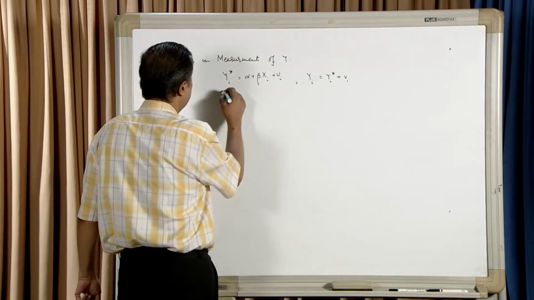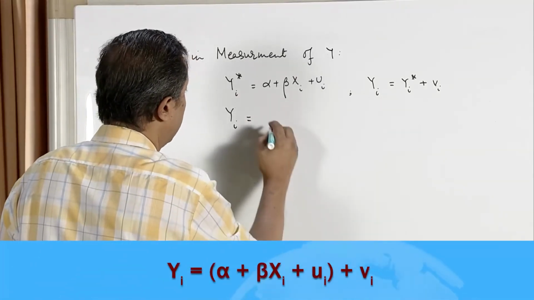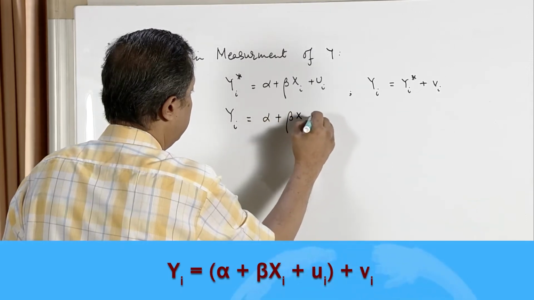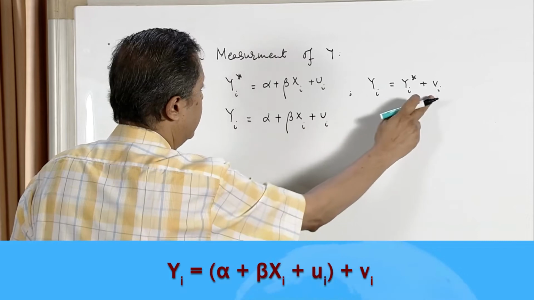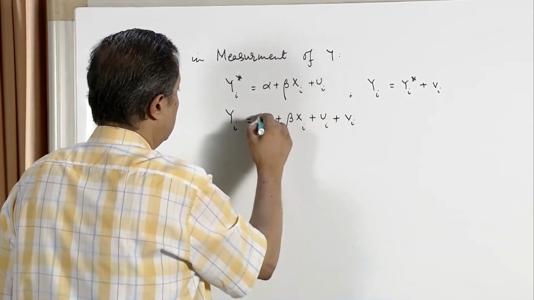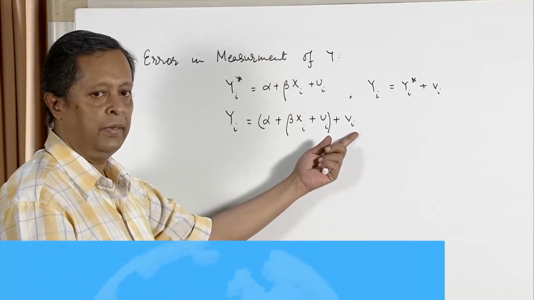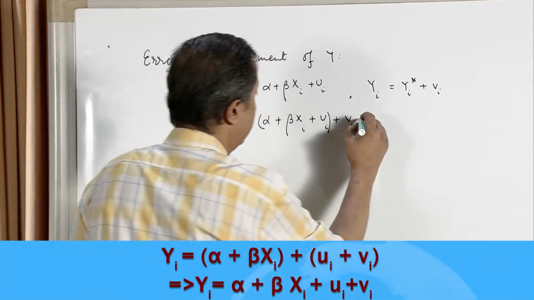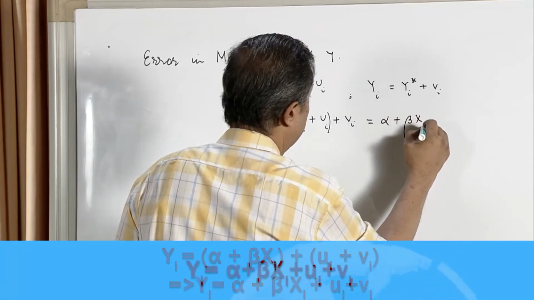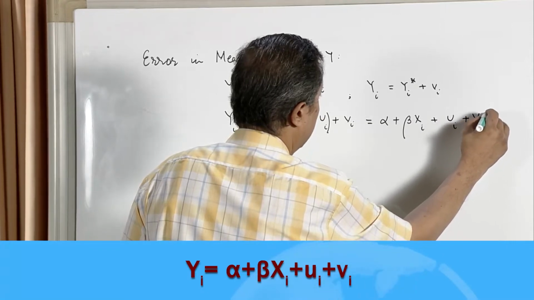So, we will write yi equal to, instead of y star, alpha plus beta xi plus ui, and then we also have to write plus vi. So, this is y star and this is vi. Therefore, the model actually becomes alpha plus beta xi plus ui plus vi.